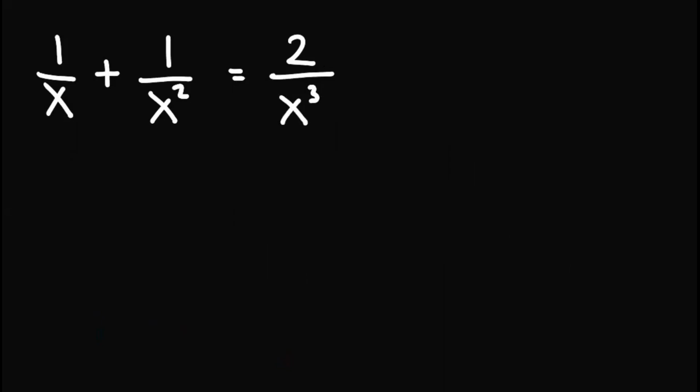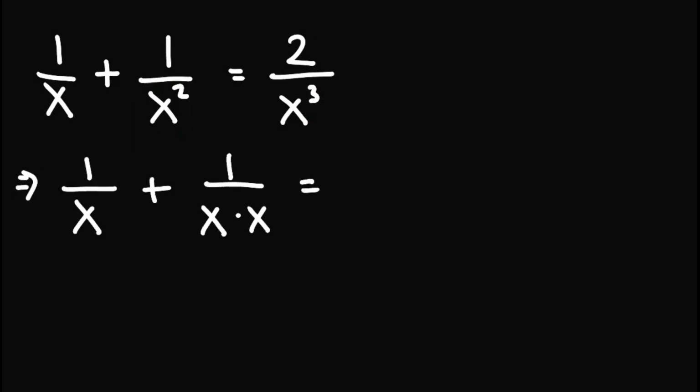In this method, our goal is to eliminate the denominators by multiplying a certain factor in both sides of the equation. To determine that, note that we can write this as 1 over x plus 1 over x times x equals 2 over x times x times x.